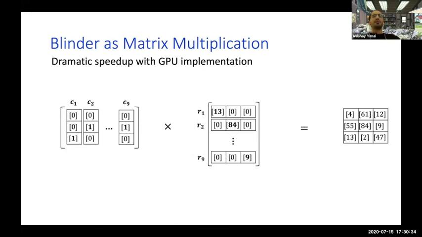Now, this is extremely helpful when performing this computation with a GPU, because the matrix multiplication operation is already heavily investigated and optimized over GPU. So in Blinder, we leverage that.